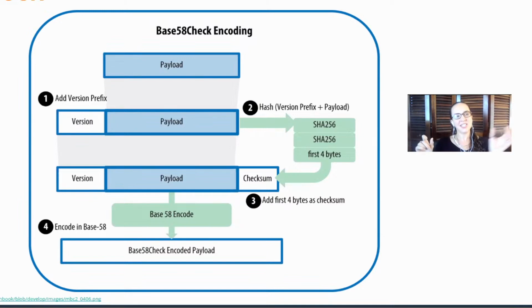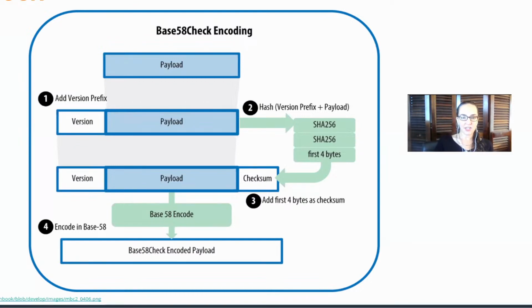If it doesn't match up, then it will reject that as an invalid address. So it's a way to prevent funds from being lost just by me having a typo and hitting the wrong button on the keyboard as I input this information.